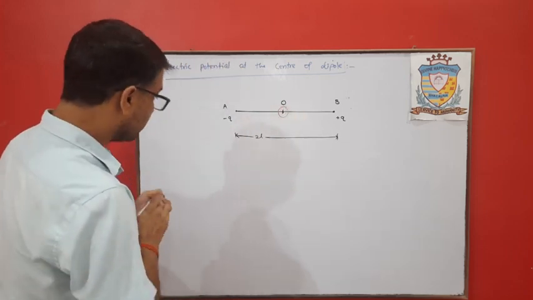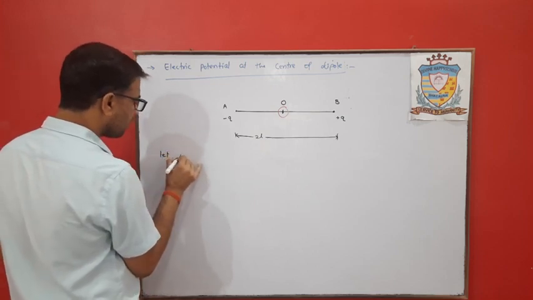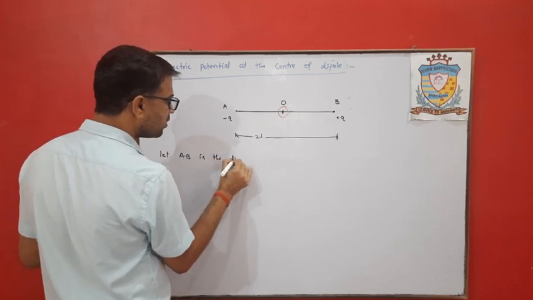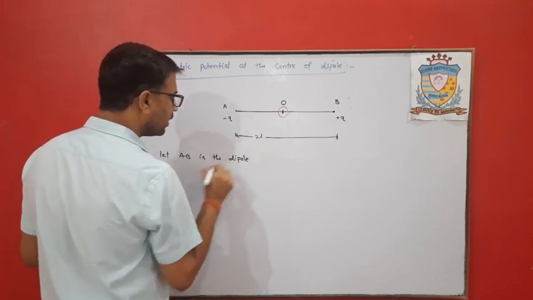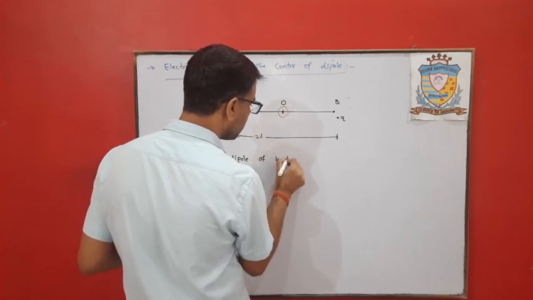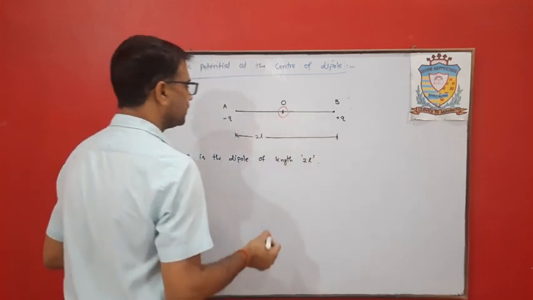So now we can write it. Let AB be the dipole of length 2L.